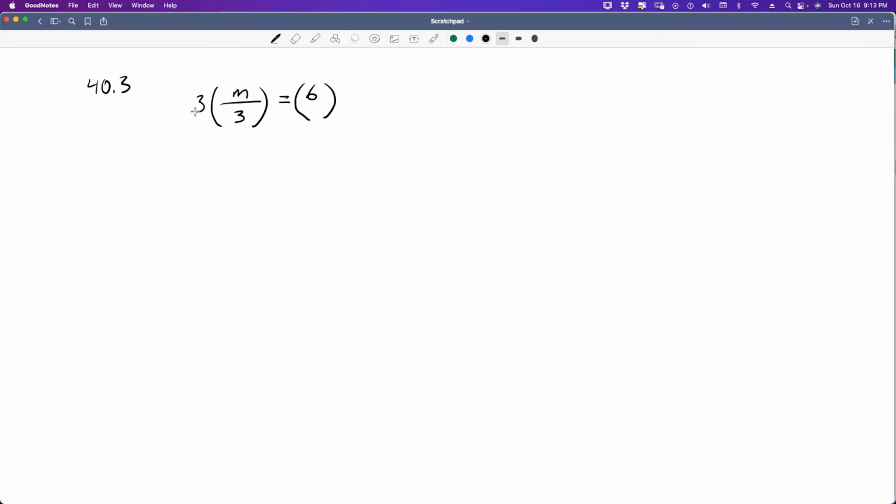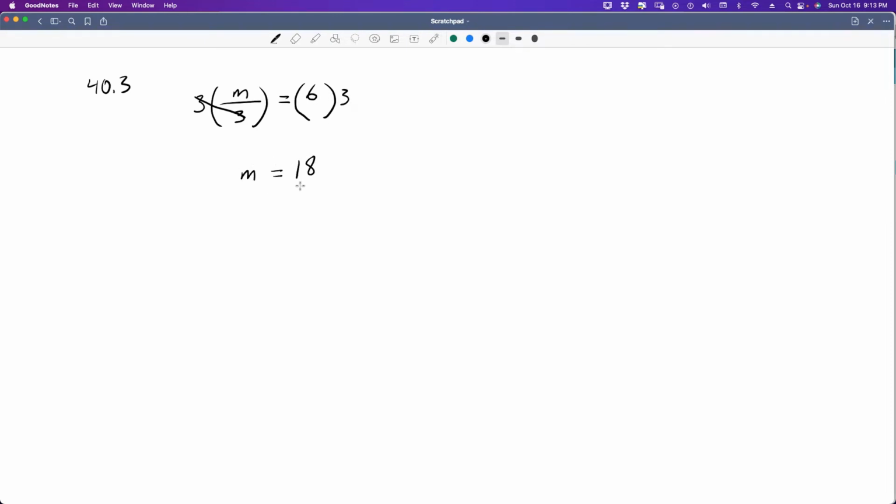So 3 here and 3 here. 3 times m is 3m. 3m over 3, that 3 over 3, that's 1. So those two really just cancel each other out, and we're left with m is equal to 6 times 3, which is 18.